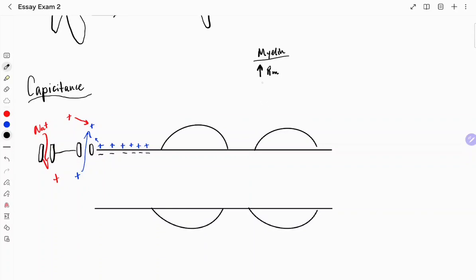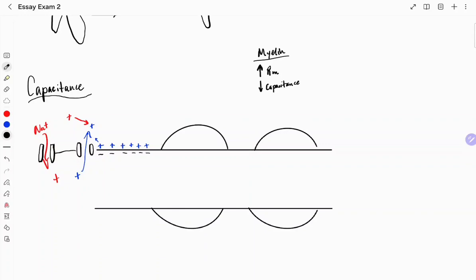So myelin increases membrane resistance, and it's also going to decrease capacitance.